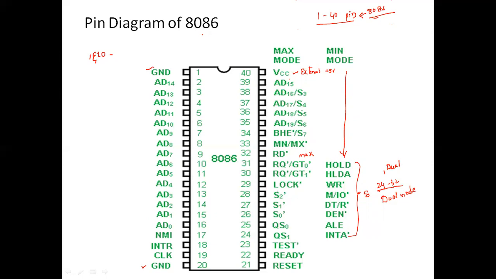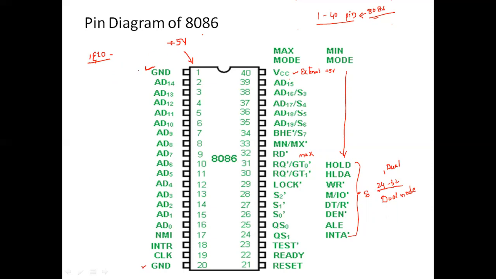We need only a plus 5 volts power supply, so if more than that comes, pins 1 and 20 will take care of it and transfer the extra power to the ground. In our homes also we have an earth connection, right? If more power comes, it is taken by the ground. That is the use of pins 1 and 20.